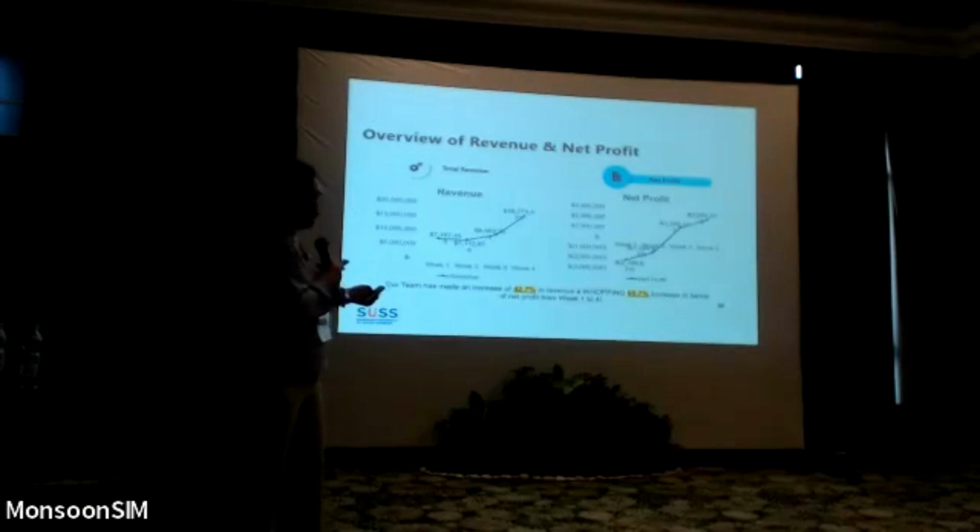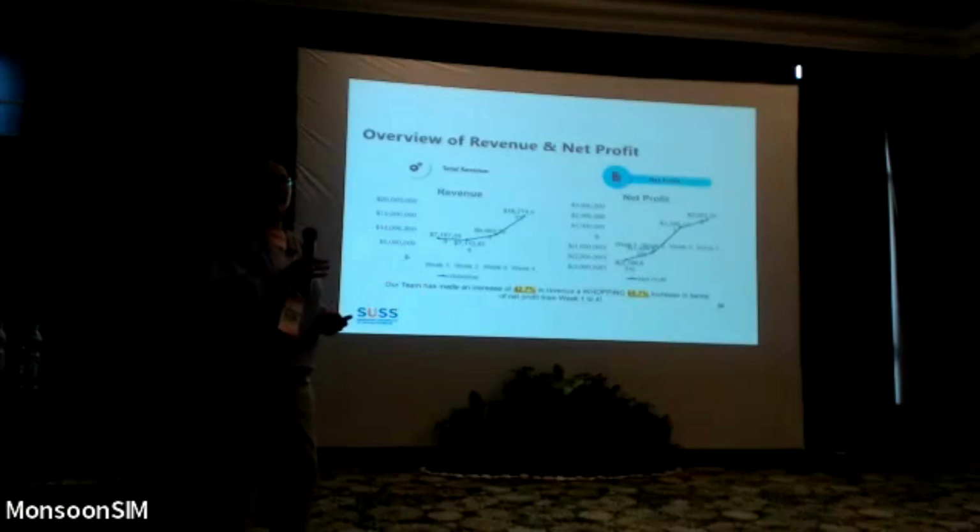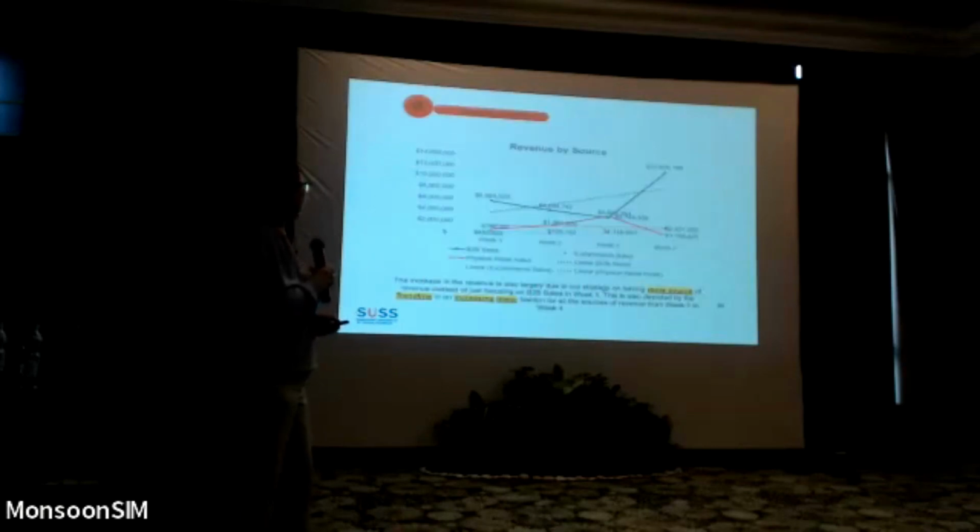Over the 6 weeks while they are playing the game, their total revenue increases and net profit also increases. So they know how to prepare graphs, which I focus on quite a lot. Presenting the outcomes is very important, especially in the corporate world, using graphs and charts, for example revenue by sources.